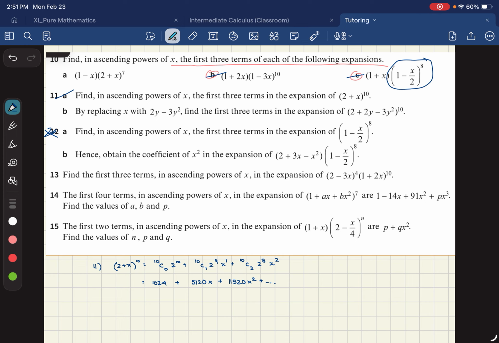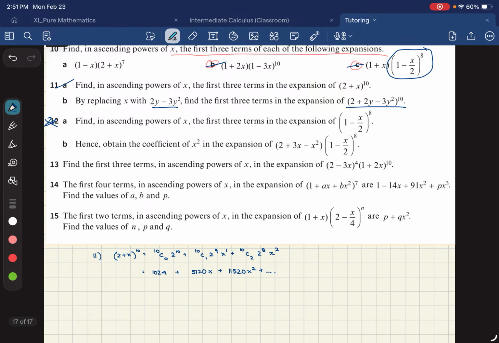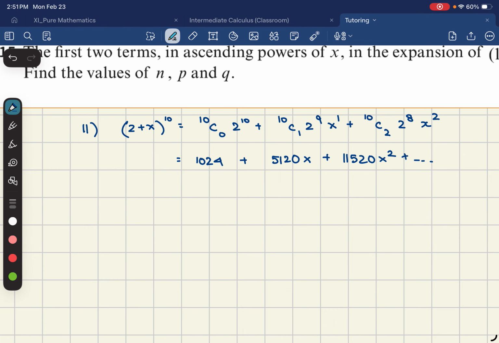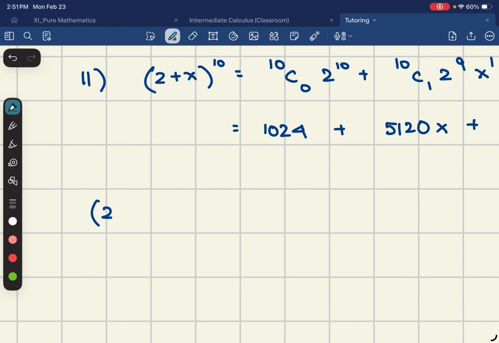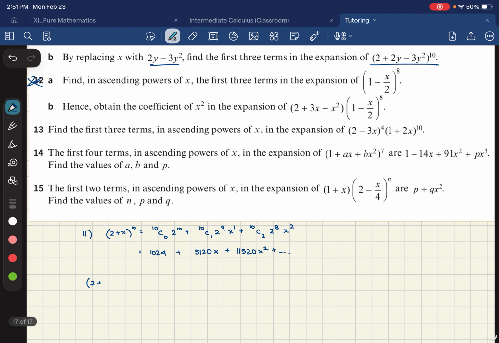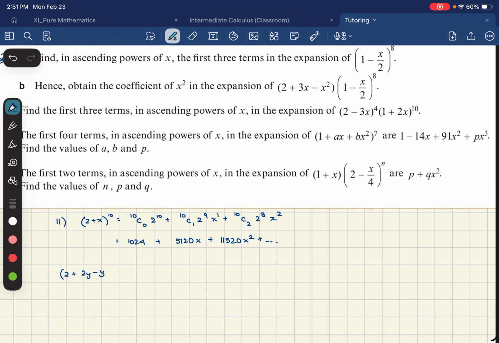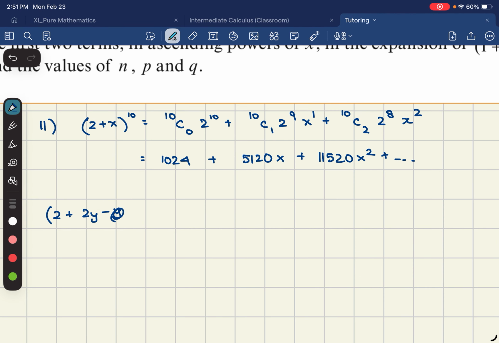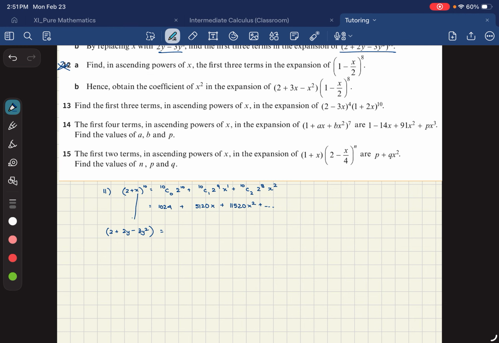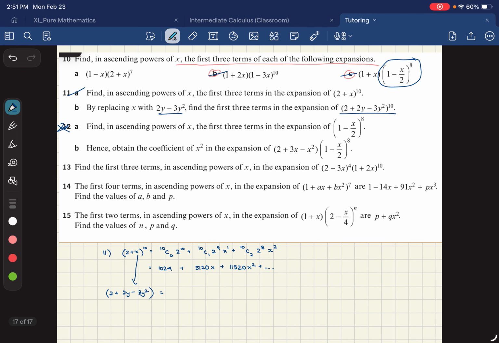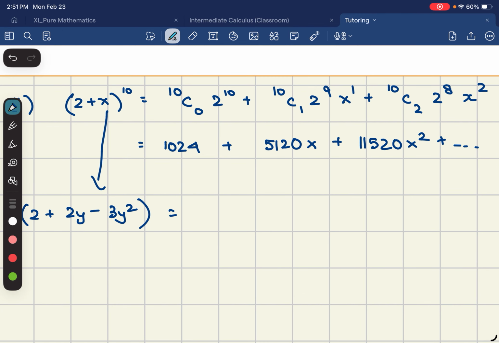By replacing x with this thing, find the first three terms in the expansion of this. Well, it says I want to replace x with 2y minus 3y squared, I believe. So I replace x here with 2y minus 3y squared to get the first three terms in the expansion of this to the power 10.